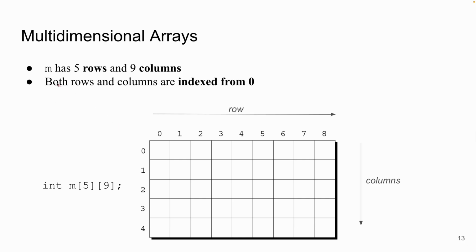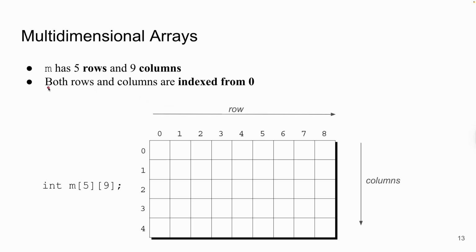In this case, we have a 2D array, and the name of this 2D array is n. Here we declare the array like this, with 5 and 9. What is the meaning of 5 and 9 in this case? For C, 5 represents the number of rows this array will have, and 9 represents the number of columns this 2D array has.